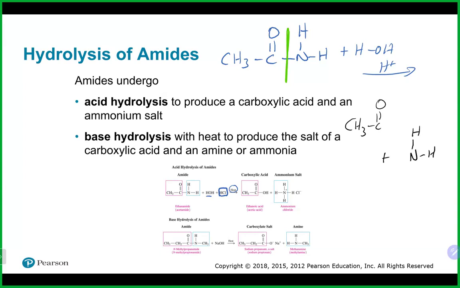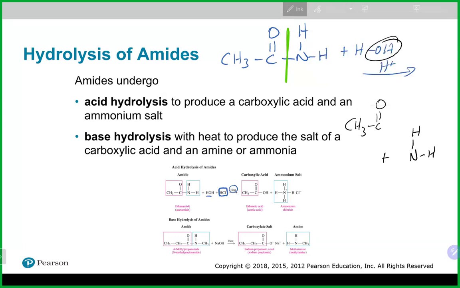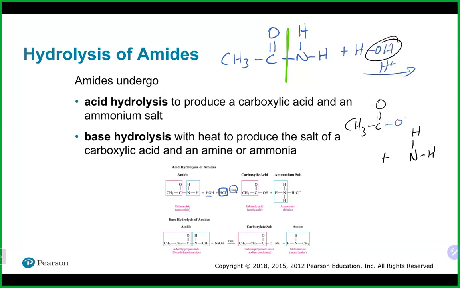The good way to remember the acid hydrolysis is that you do get the carboxylic acid back. So the acid gives you the acid back. We're going to borrow the OH from the water to do that, and that is how we're going to get our carboxylic acid back.